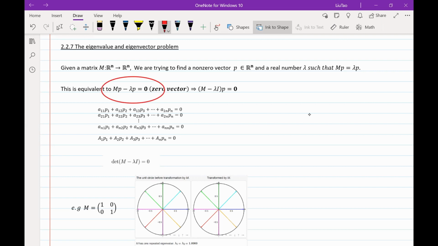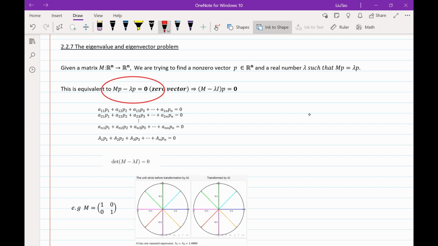After rearrangement, it becomes (M minus lambda I) times the vector P is equal to 0. Now we can focus on how to solve this equation.